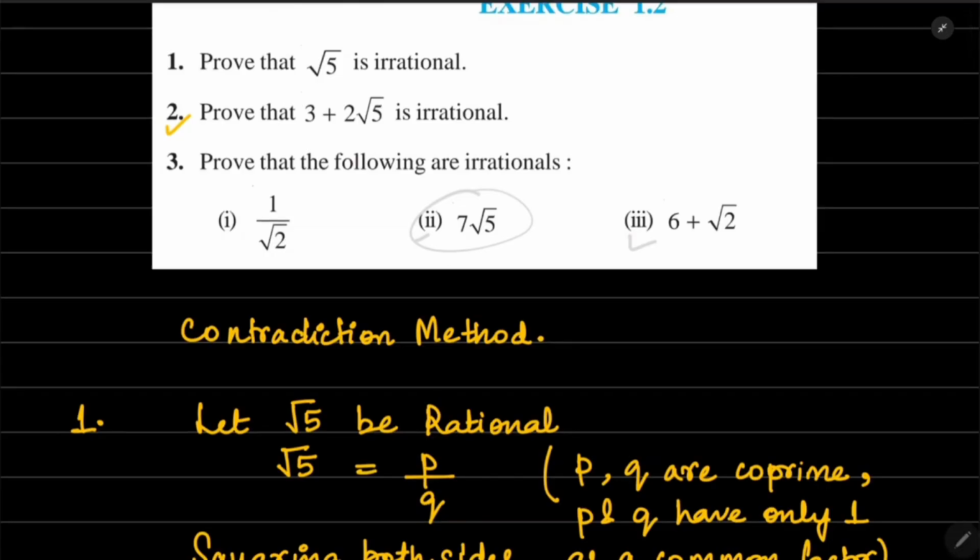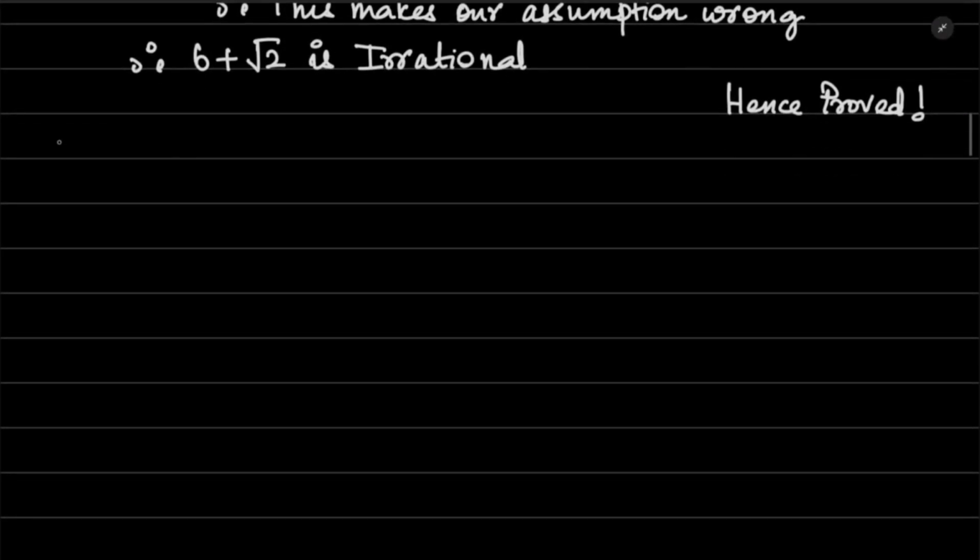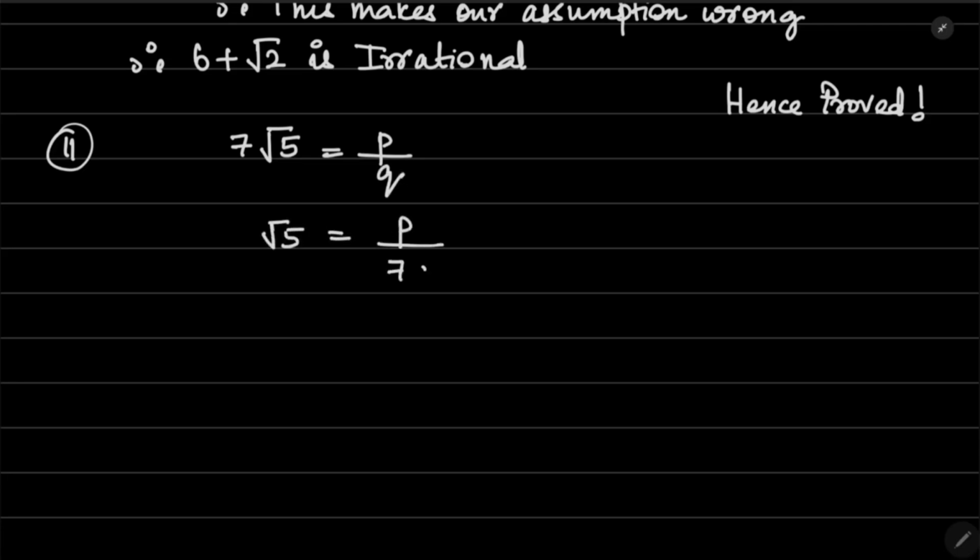Okay, it's very similar. You have to just start by assuming, let me tell you that as well, 7 root 5, let's assume, write everything else, let it be equal to p by q. So root 5 is equal to p by 7q.